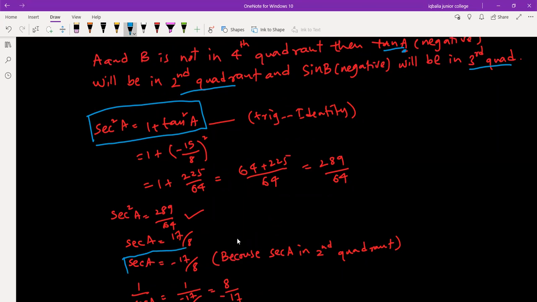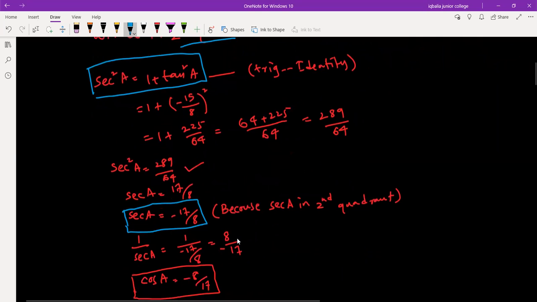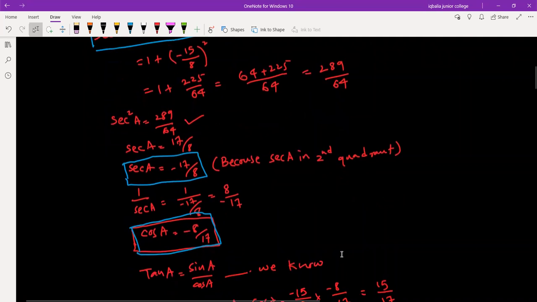Okay, so here we got sec A, and the reciprocal of sec A will be equal to cos A. So just reciprocate this value, then you will find cos A. So here we found the first value, cos A from tan A.